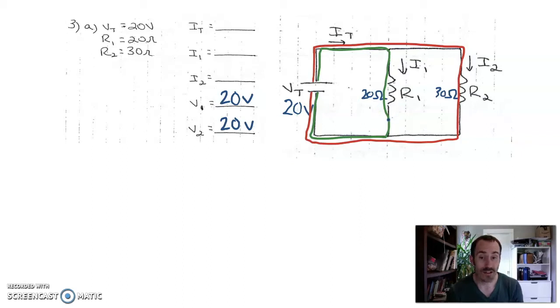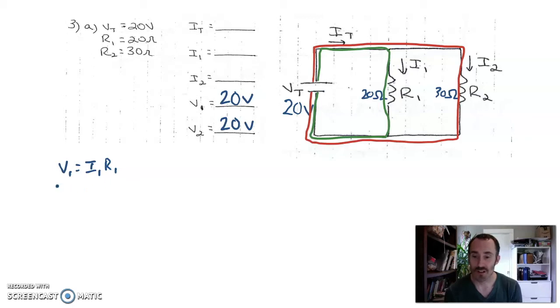Now we can look at I1 and I2. So I1, the current through this branch, is going to be V equals IR. We know the V, we know the R, and so we can figure out the I just through algebra. So V1 equals I1 R1.